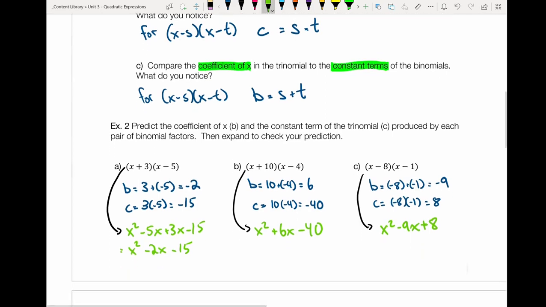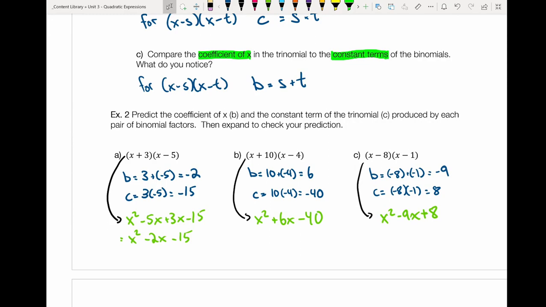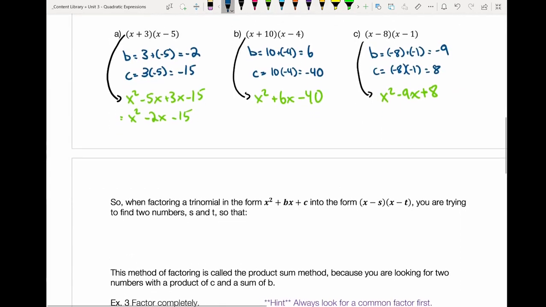So this pattern, or this prediction of how we get our numbers, is what we're going to use to help us factor.